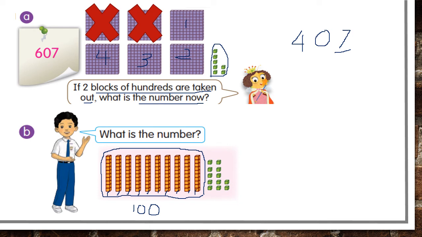What about the ones block? We have 1, 2, 3, 4, 5, 6, 7, 8, 9, 10, 11, 12. We know that if we have 10 ones, that is equal to 1 block of tens. And this is the remaining 2 blocks of ones.